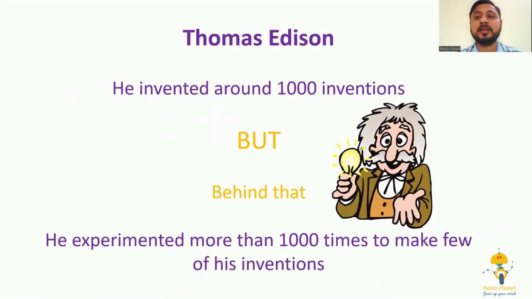Guys, this is the point. You may fail many times, but don't stop your experiments. Start learning again. Find out the solution. If your project is not working, find out the solution. Consult with an expert.